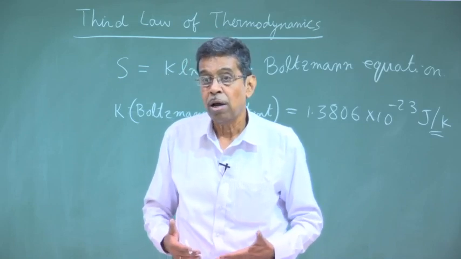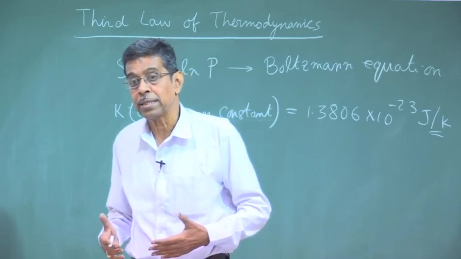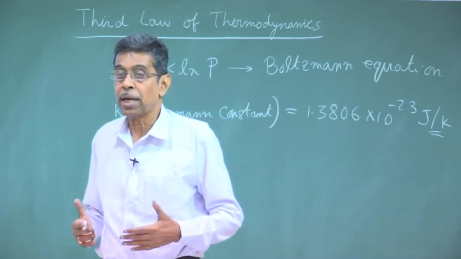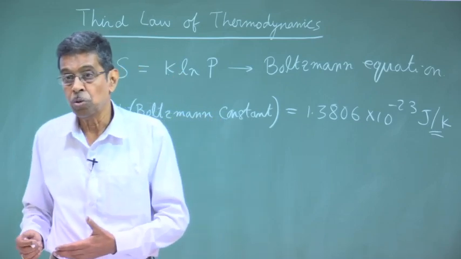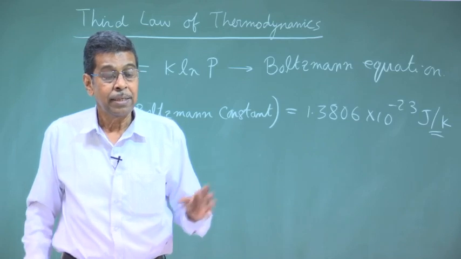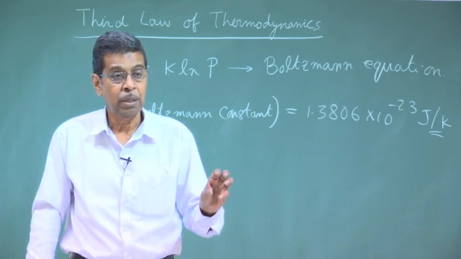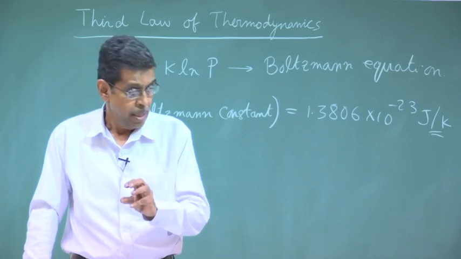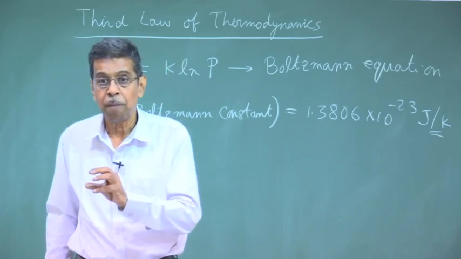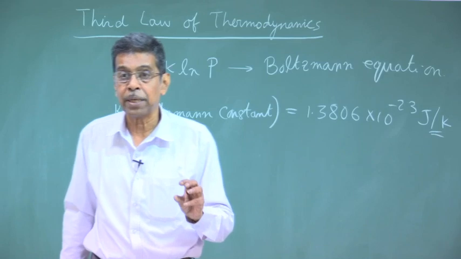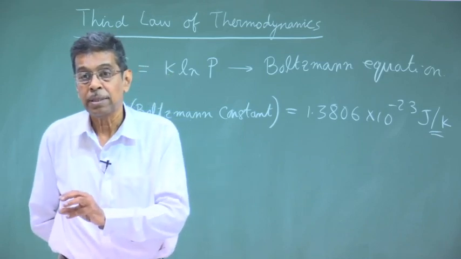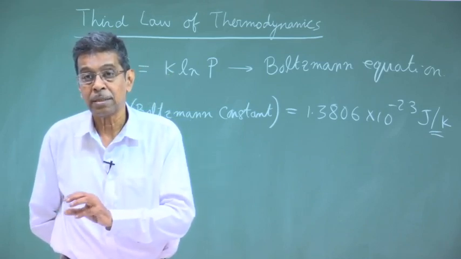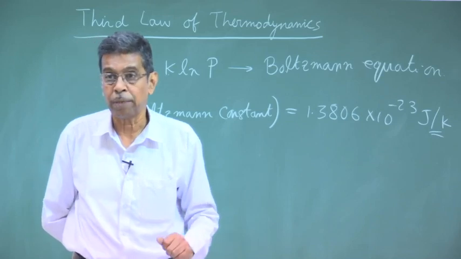And this law actually was formulated by two scientists, Nernst and Simon, and known as the Nernst-Simon statement, which states that the absolute entropy of a crystalline substance approaches zero as the absolute temperature approaches zero. This is known as the Nernst-Simon statement. I will show the statement afterwards.